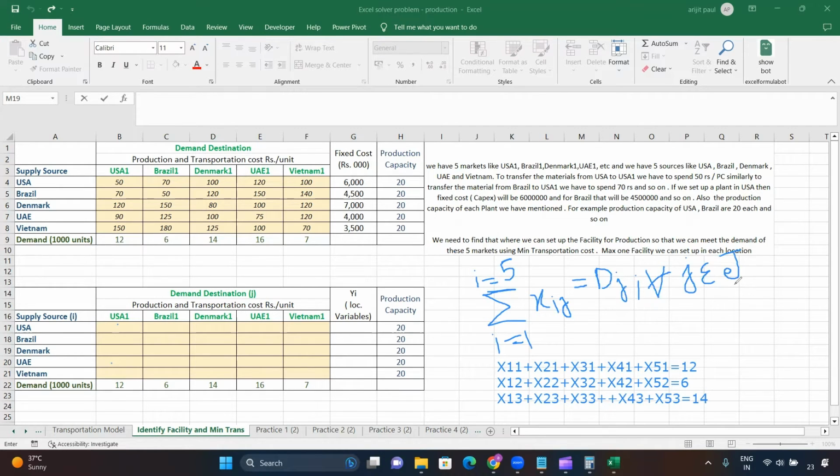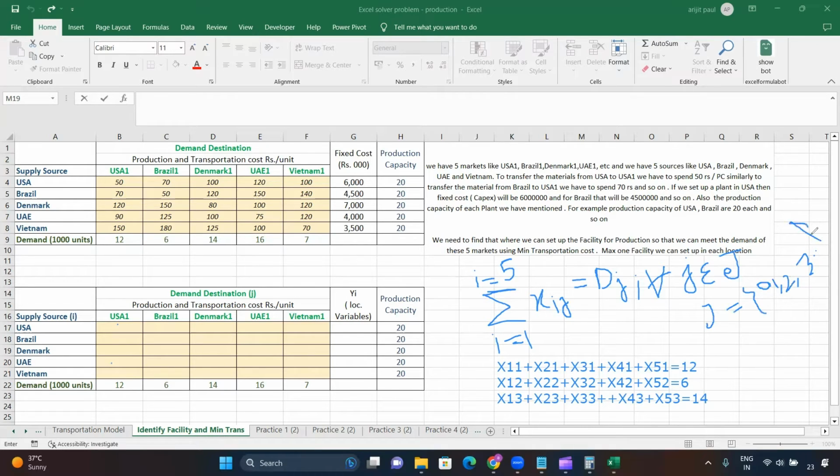Okay, so capital J is nothing but the set of small j. So small j consists of markets like 1, 2, 3, and so on. Set of j, capital J, means set of small j. So it consists of values 1, 2, 3, like this way.